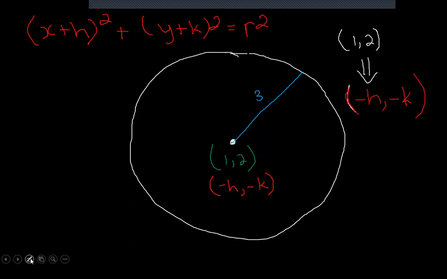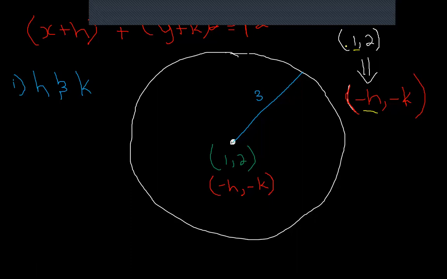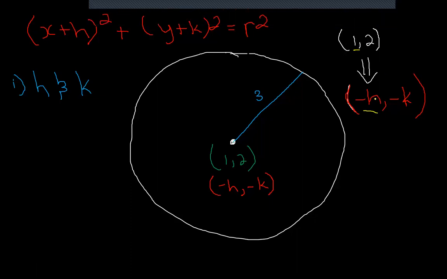What does that mean? That means that 1 is minus h. Remember the first step we want to do? I'm just reminding you what the first step is. We want h and we want k, not minus h and not minus k. We want h and k. So in this case, 1 is minus h. So I would put minus h is equal to 1.